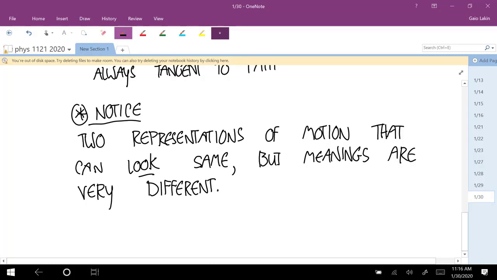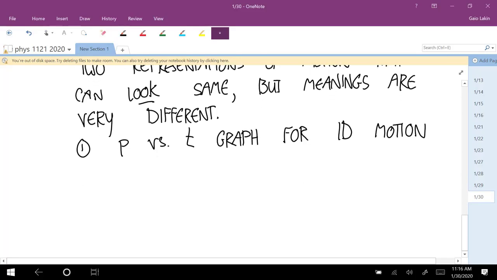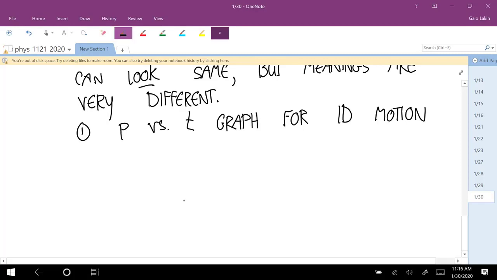The first one of those is a position versus time graph for a one-dimensional motion. Okay, so if you are dealing with one-dimensional motion and you have a position versus time graph that looks like, let's say that, and the place you're interested in is right here.